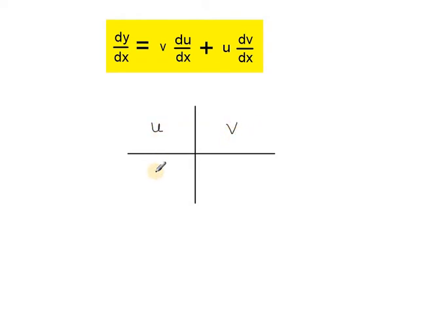So we differentiate this function, du by dx, we differentiate this function, dv by dx, and then you can see from our formula here, v times du by dx, so we're cross multiplying these two, u times dv by dx, we're cross multiplying these two, and then you add those results together and you're done.